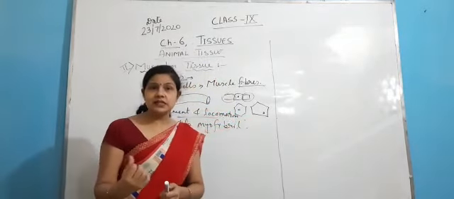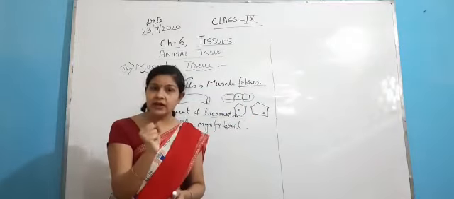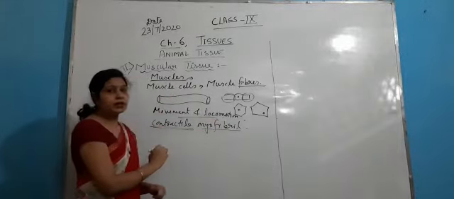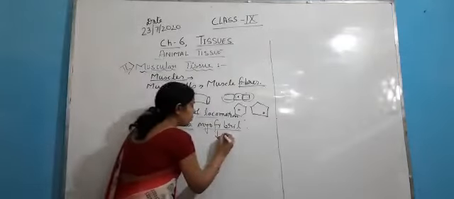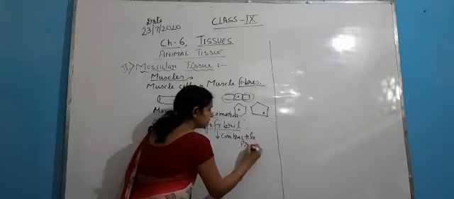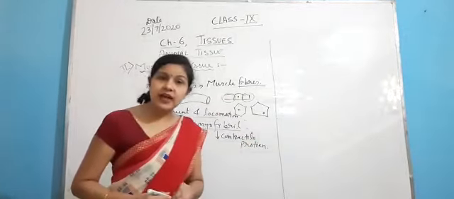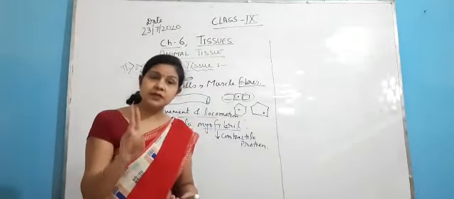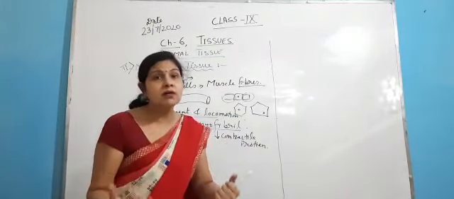So these muscle fibers continuously contract and relax due to the presence of contractile myofibrils. This myofibril consists of contractile protein, and two types of contractile proteins are present in it, which help in contraction and relaxation of the muscles.